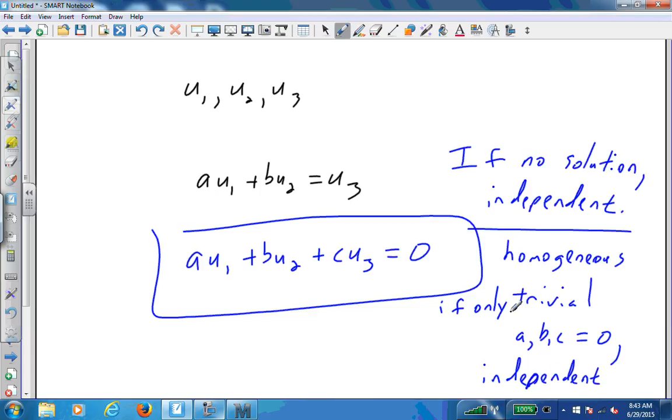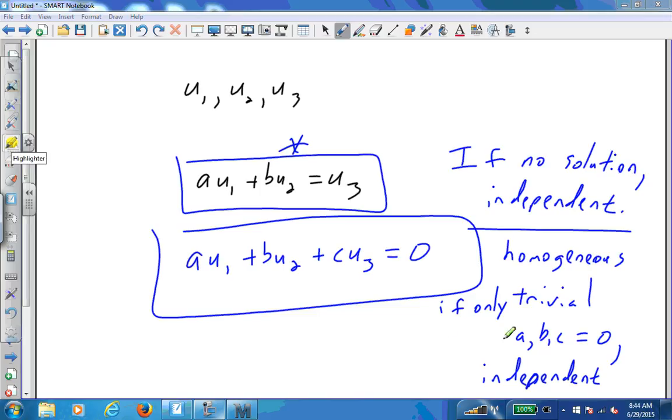Because again, if the trivial solution is the only solution, that means there's not a solution for this, and if there's not a solution for that, then they're independent. On the other hand, if there are solutions to the homogeneous equation, that means there are ways that we can relate those vectors, and if there are ways we can relate those, then they are dependent.